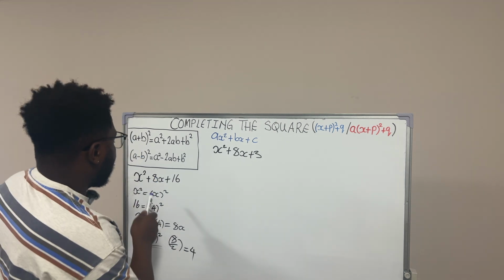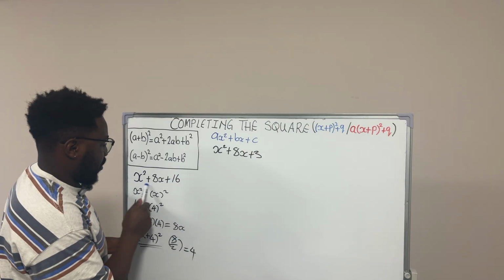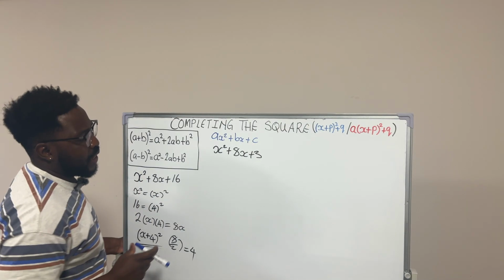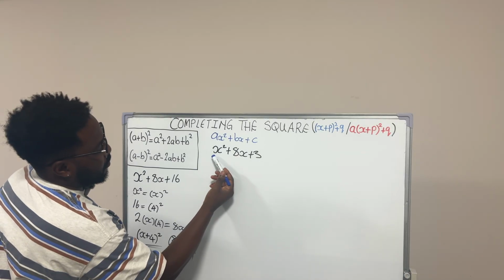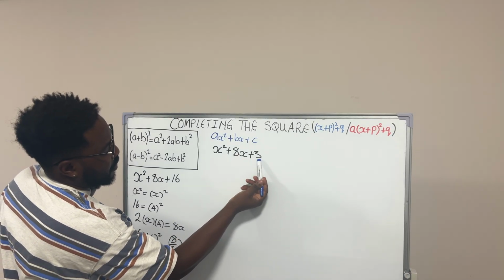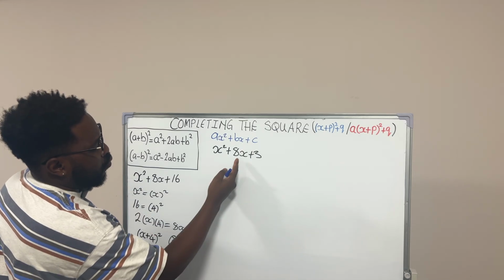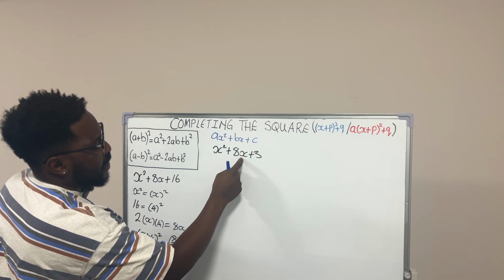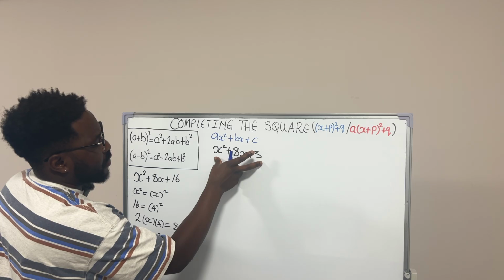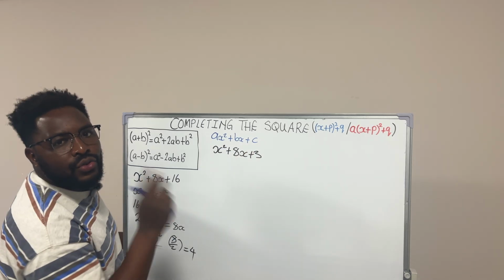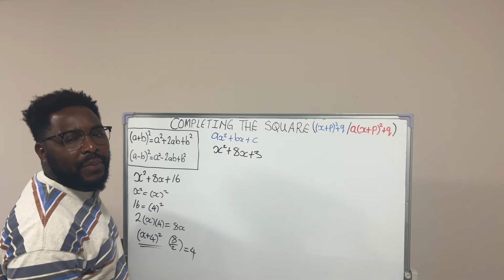Let us look at our first perfect square trinomial here that we just recognized, right? And then let us look at this ordinary quadratic expression over here. What number do you think we can add to this expression to transform it into a perfect square trinomial?